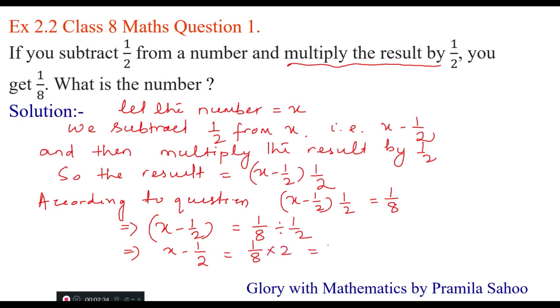So, this is equal to 1 by 4, or this implies x is equal to 1 by 4 plus 1 by 2. Our LCM is 4, so 1 plus 2 over 4, that is equal to 3 by 4.